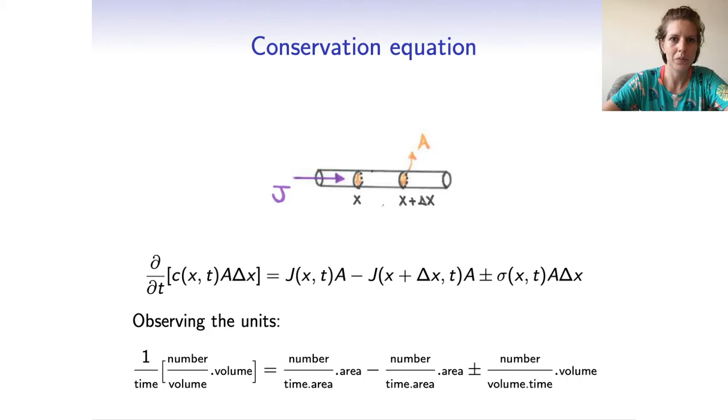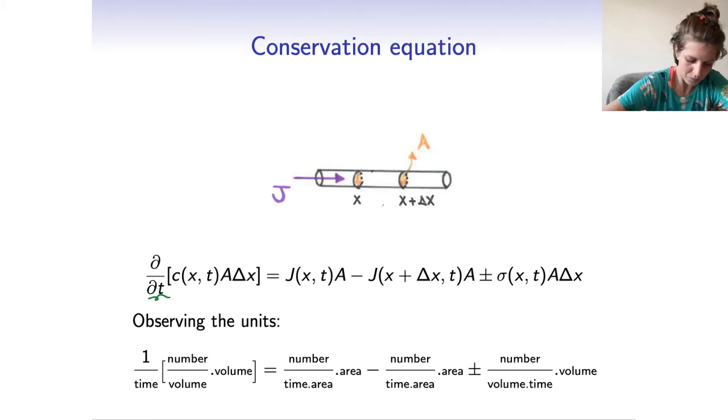So we can just write the variation of the concentration along time, which is just what we wrote before only with words, this change over time. Let's see if the unit is matched.